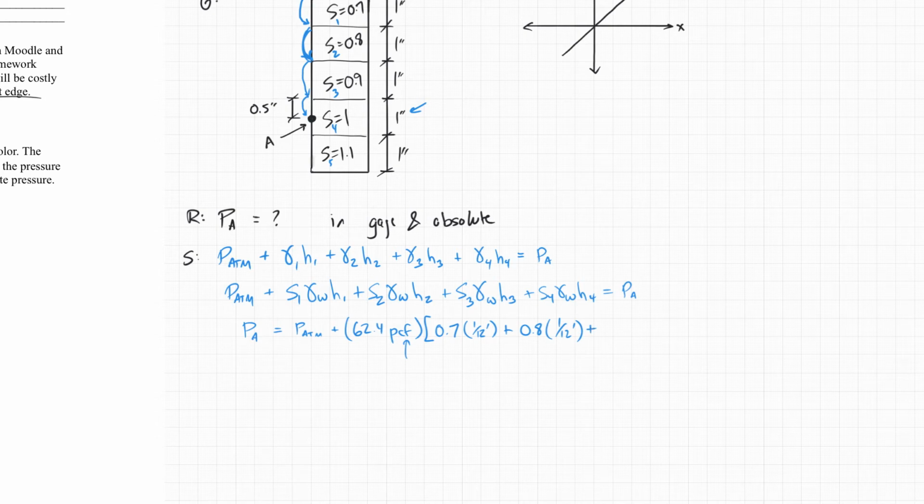Plus S3, so now we're in this third layer, and S3 is 0.9 times, gamma of water having been removed, and the H3 is 1 over 12. And then the S4, which is 1.0, which I don't even need to write, right? And then H4, we only go down 1/2 of an inch, so that's going to be 1/2 over 12.